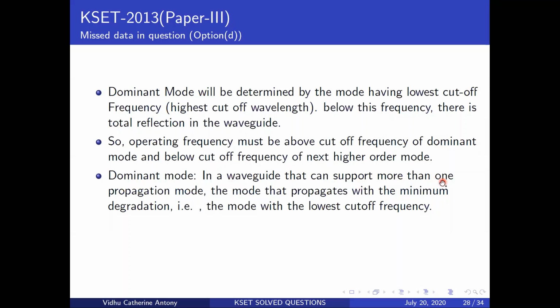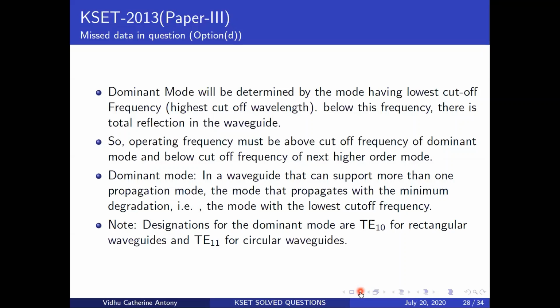The waveguide can support more than one propagation mode, and the mode with the lowest cutoff frequency is the one which propagates with minimum degradation. That's basically what a waveguide does. It guides your wave, right? It's trying to stop all the other noises from coming in, and it's also trying to propagate the wave through without any losses of the information in that wave.